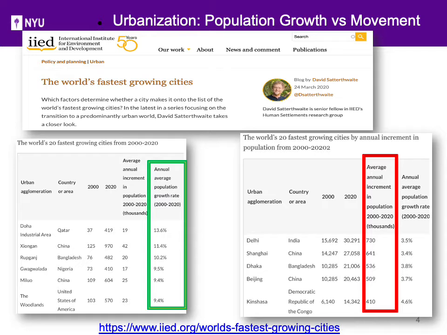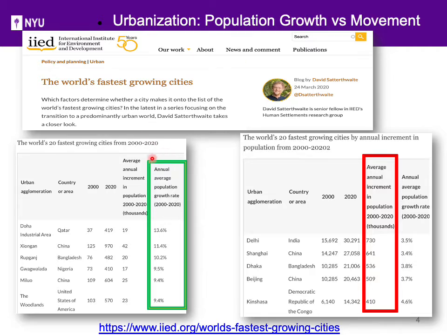This is an interesting blog that appeared from the International Institute for Environment and Development. It analyzed population growth versus movement.